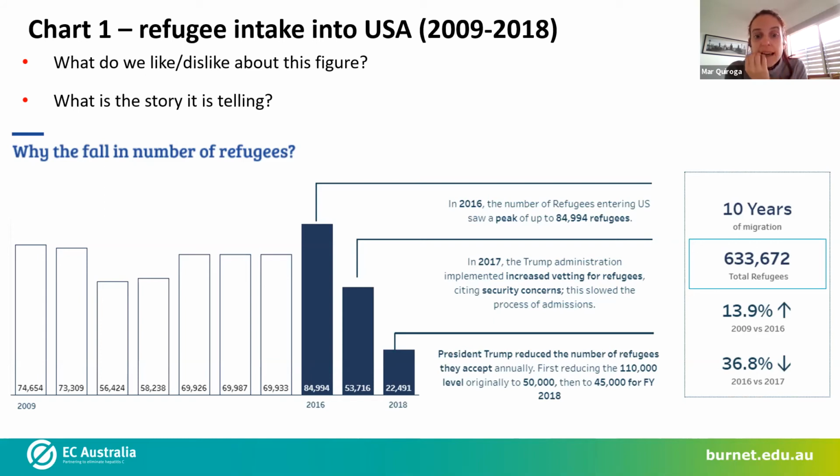Dislike, I think you can also use omitting information to draw your attention to the information that you're omitting. So when I look at this, I think, oh, why does each bar represent 1 year, or what are all these bars between 2009 and 2016, right?